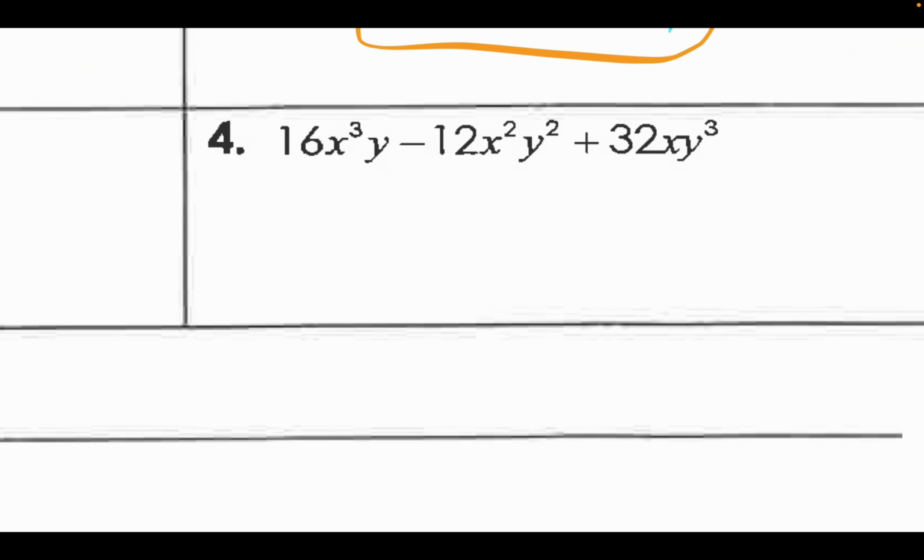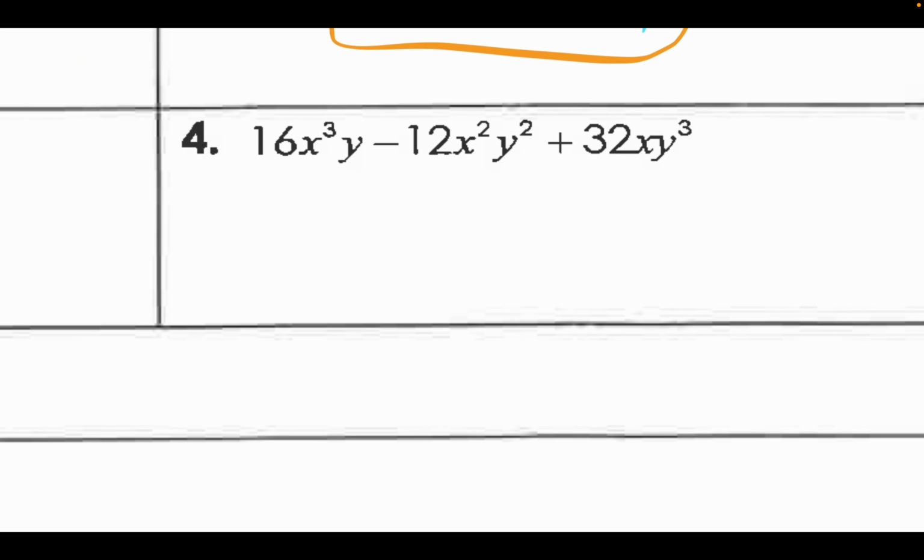Moving on to number 4. Our GCF between these 3 terms is going to be 4xy, with exponents of 1 on each of them, because this just has an x to the first and this just has a y to the first. We had to use the lowest value for those. Now, if one of them didn't have a y, for example, then our GCF would not include y either.